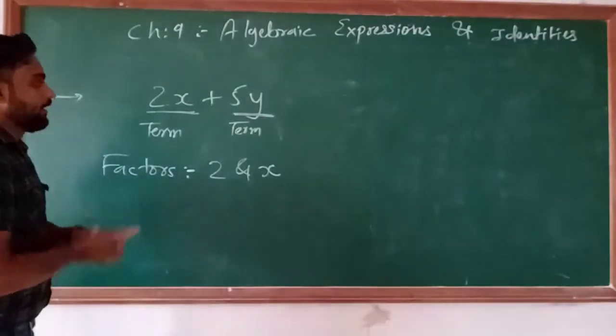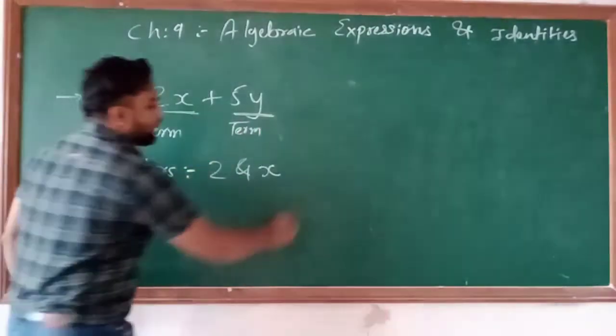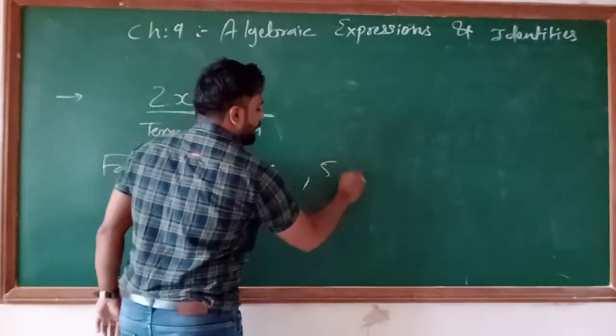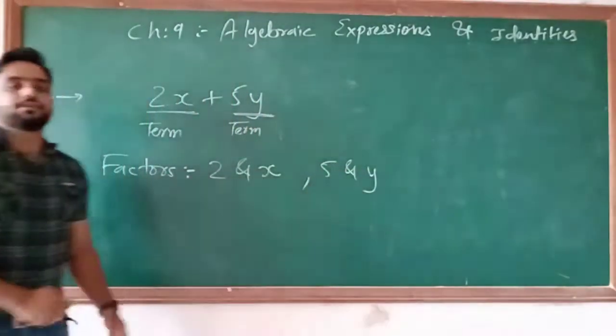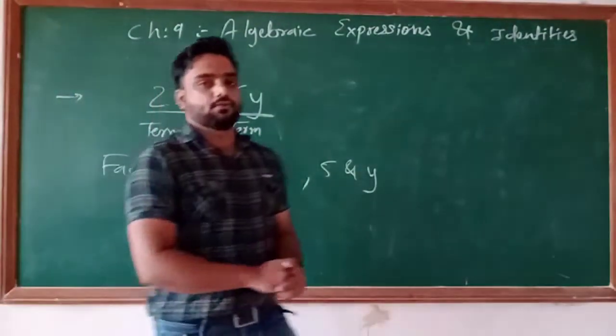Suppose I want to write the factors of the second term. Which are the factors of the second term? Here 5 and y. Both of them are called the factors of the second term. Why?